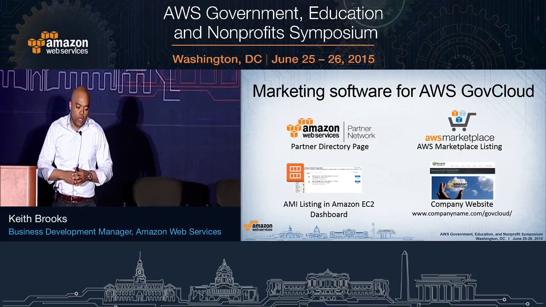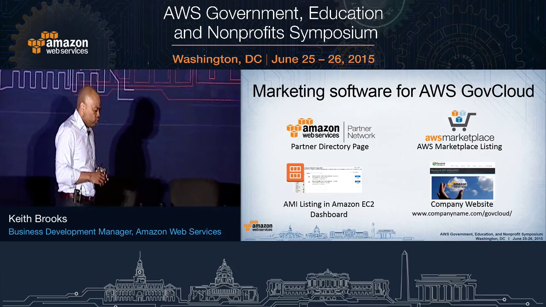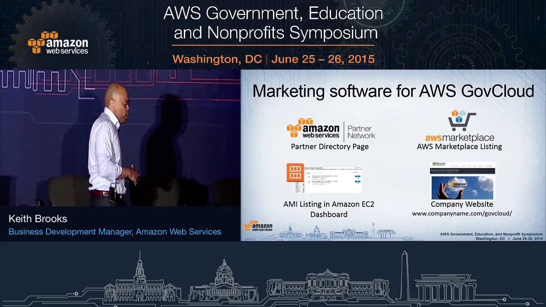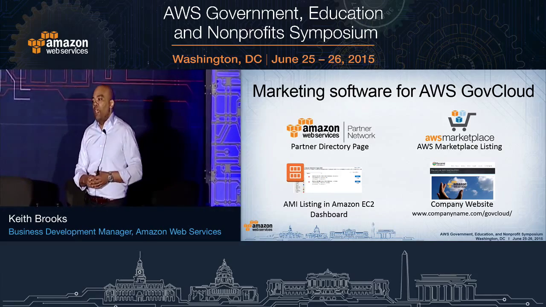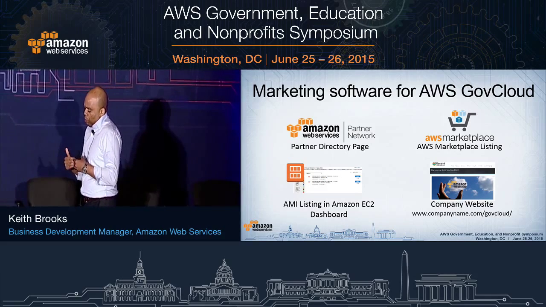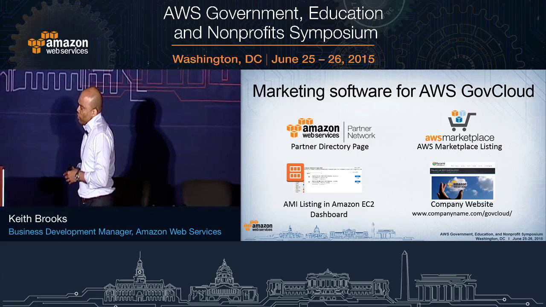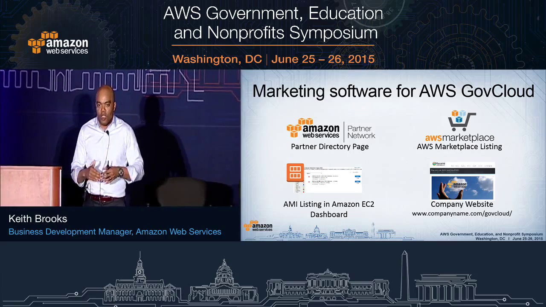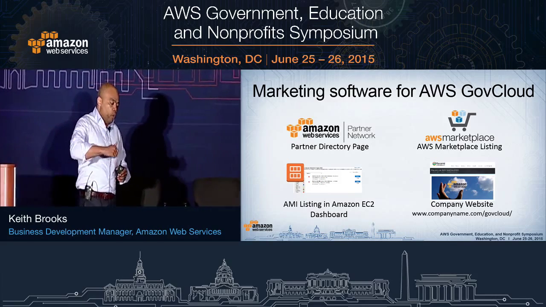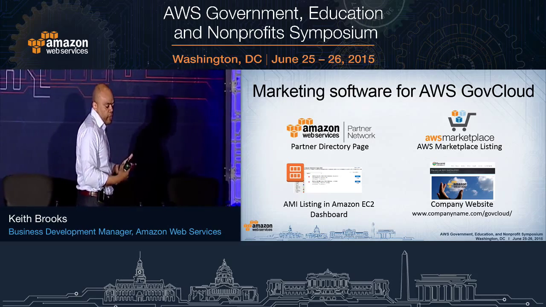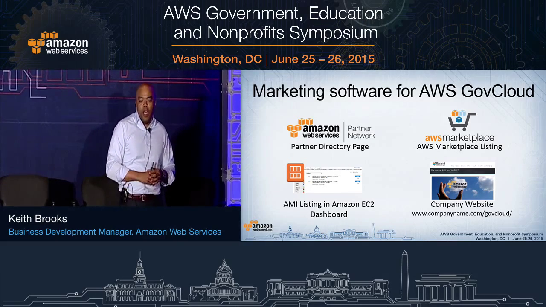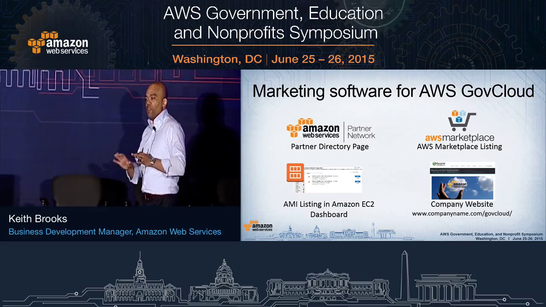And then finally, company websites. So I'll show you a really good example of this from our partner Receiver, where they've actually developed an independent page to market the fact that they have a cloud migration solution that's actually available, specifically built for GovCloud. And one of the benefits of that approach is that you get to take advantage of discovery methods that are outside of the AWS ecosystem, right?